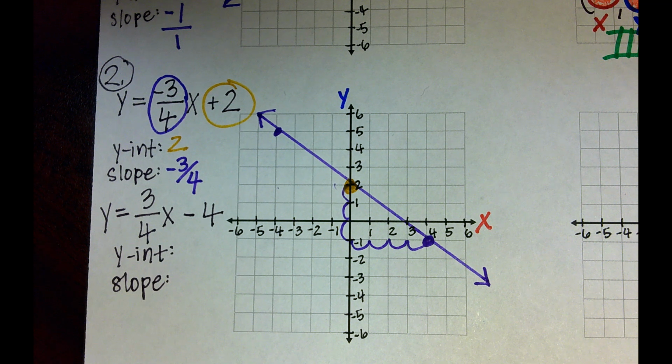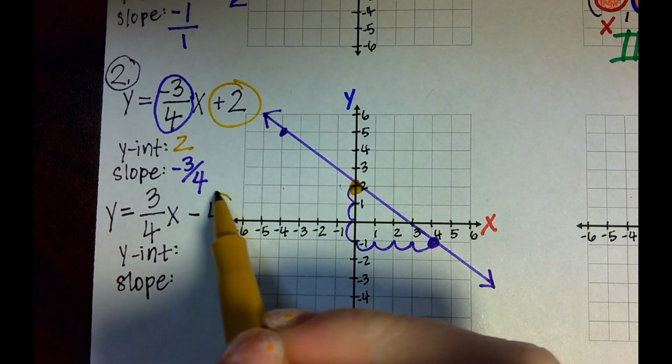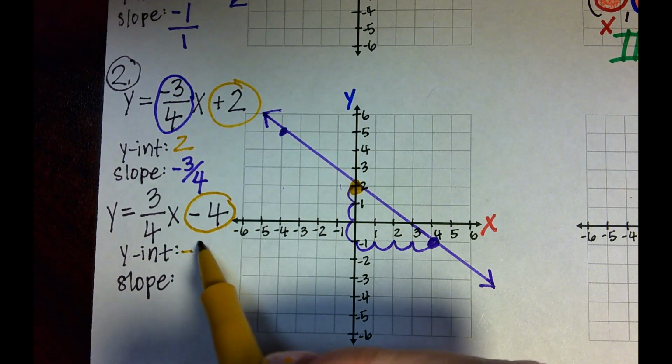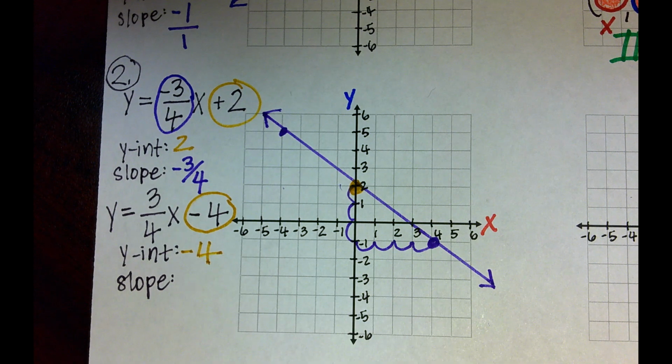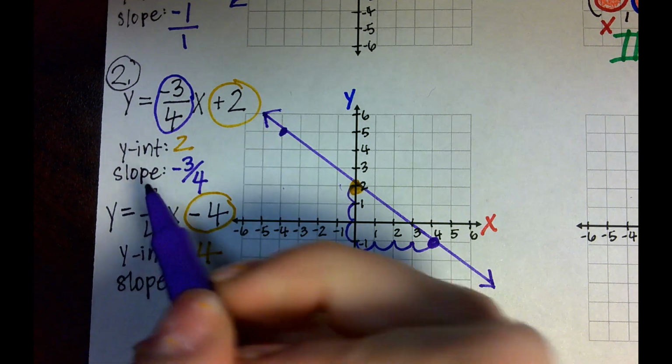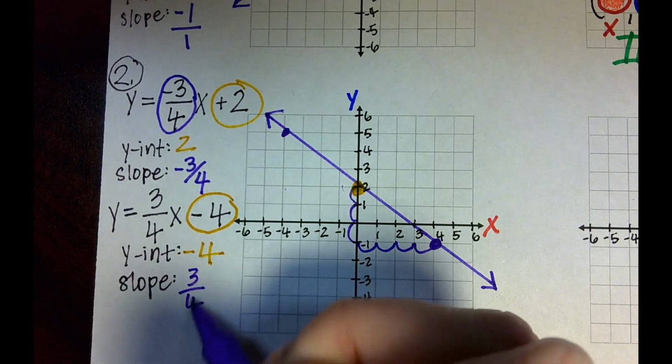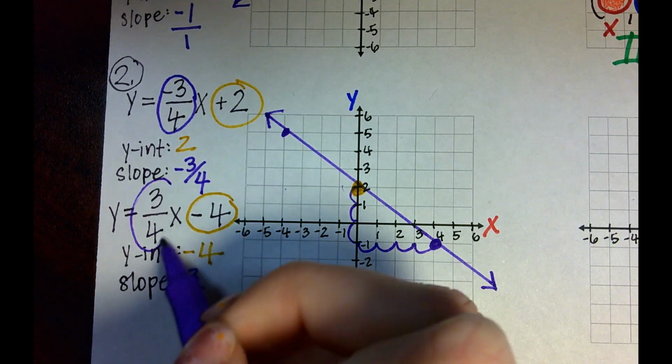Got y equals 3 over 4x minus 4. What's my y-intercept? Good. Negative 4. Up 3. Perfect. We're using our slope 3 over 4, so you'll go up 3 over 4.